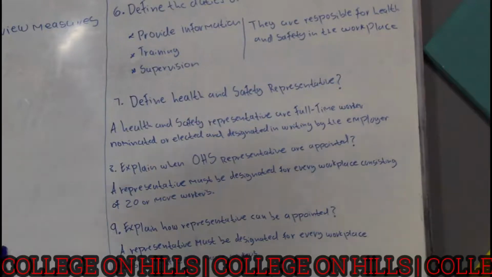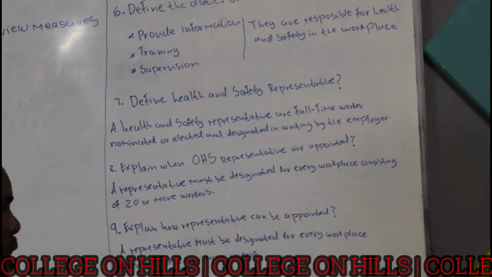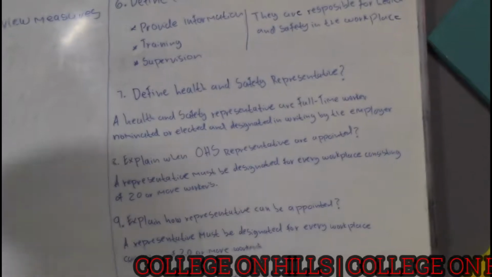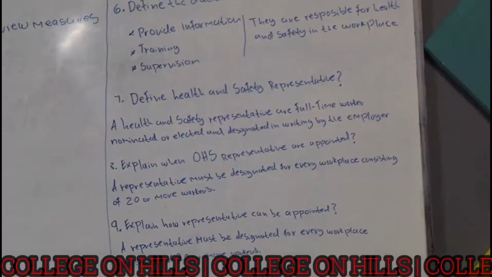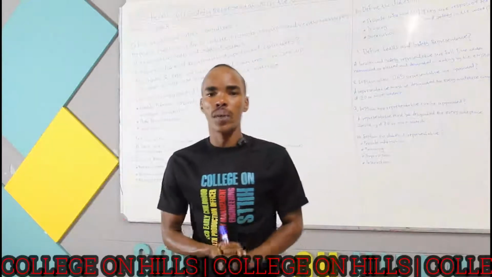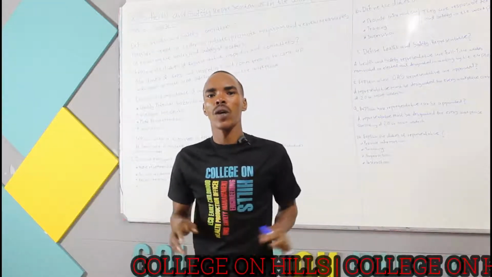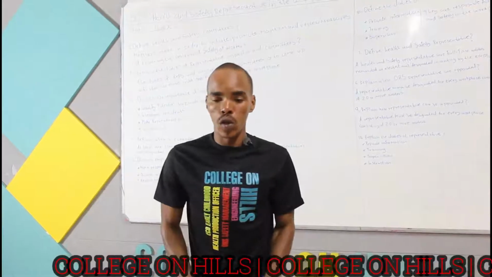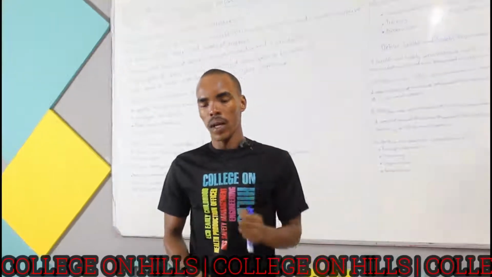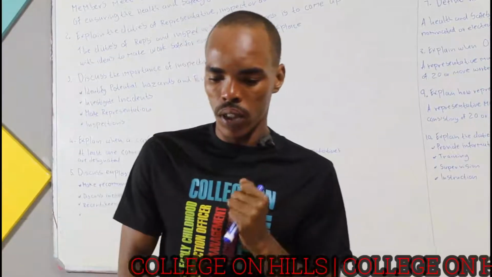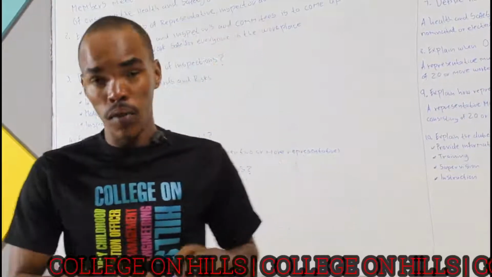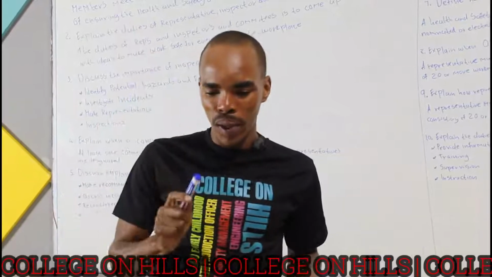A representative must be designated for every workplace consisting of 20 or more people working in a workplace. So a representative must be designated for a workplace which consists of 20 or more people. So if only 19 people are hired, then there's one safety representative. One safety representative must be present.